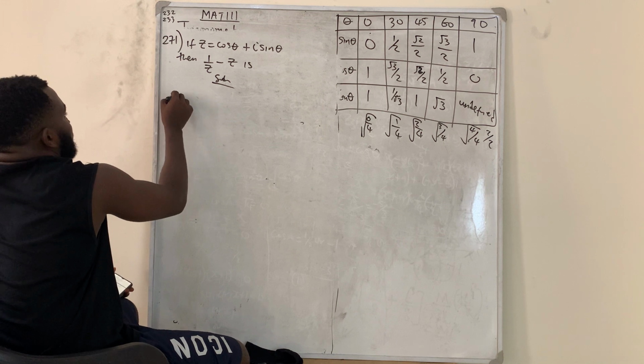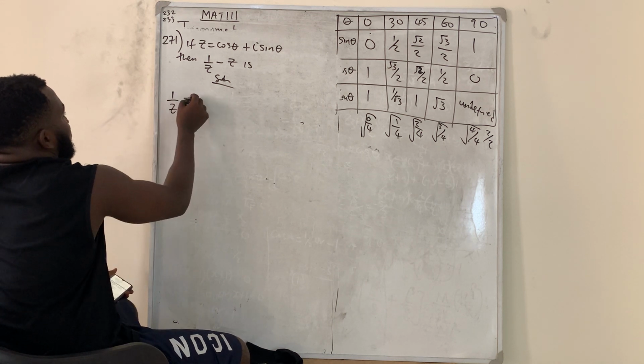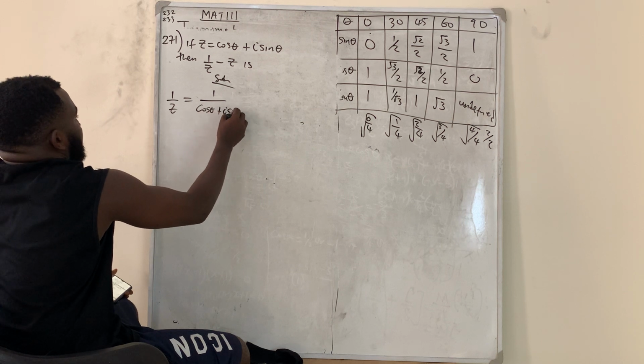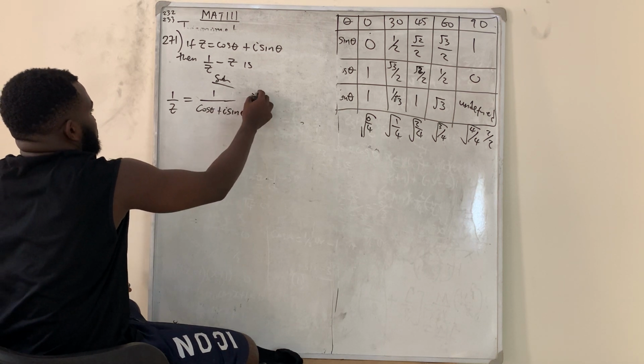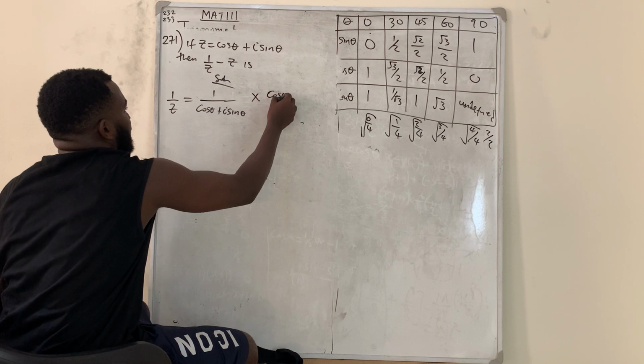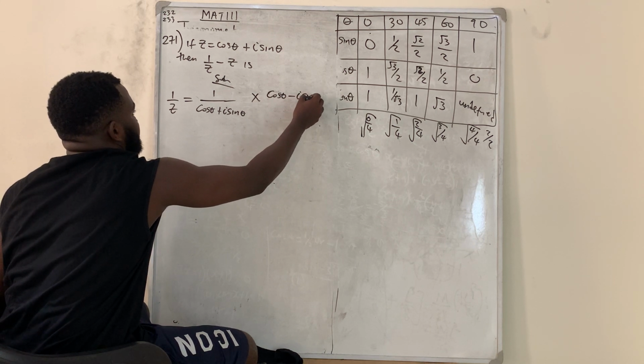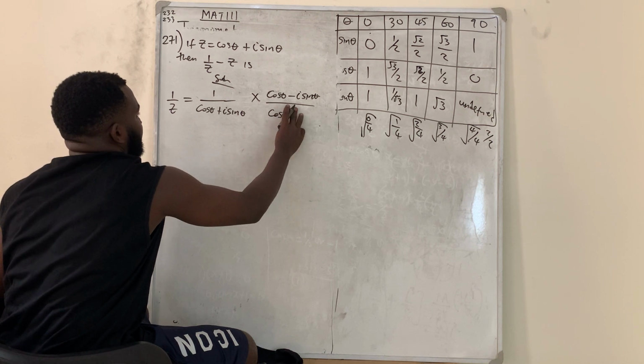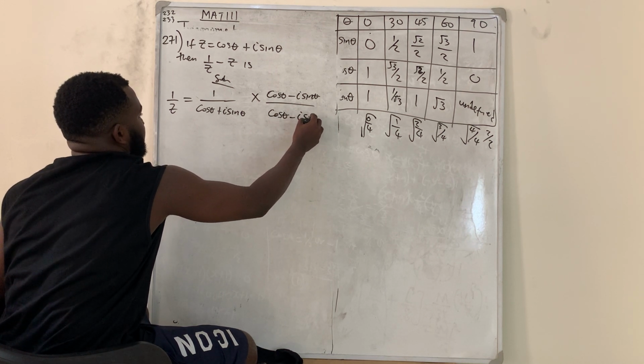So I have, let's see, 1 over z. 1 over z is equal to 1 over cos theta plus i sine theta. If I rationalize, it's times cos theta minus i sine theta all over cos theta minus i sine theta.